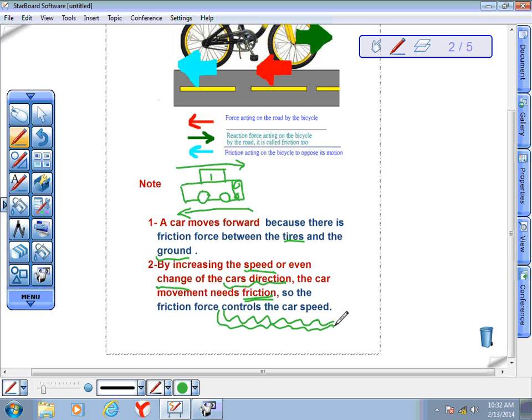This means that when the friction force between two touching surfaces is big, the object doesn't move easily. And when it becomes small, the object moves easily.